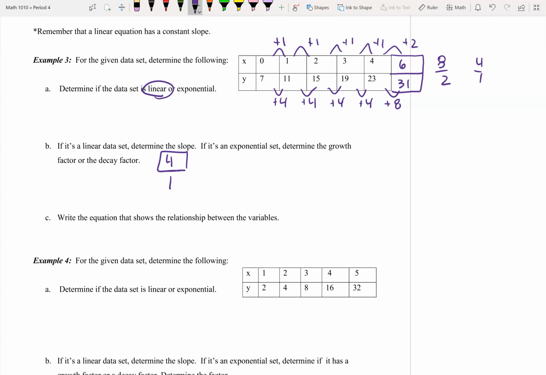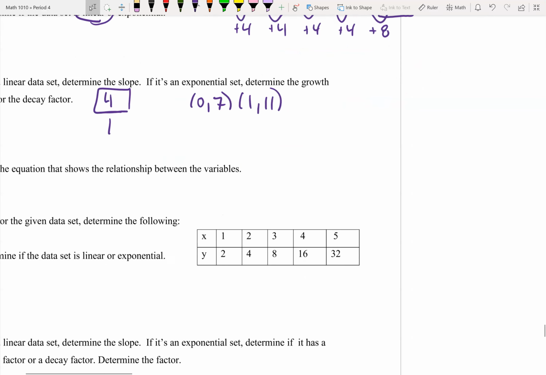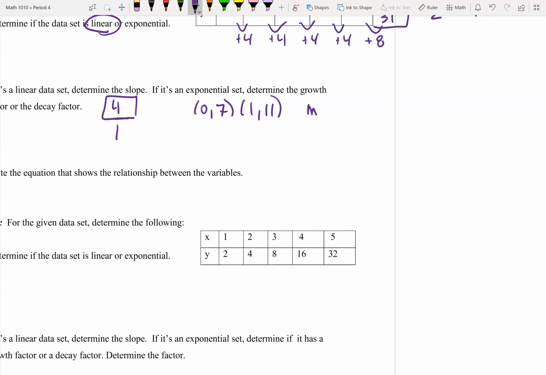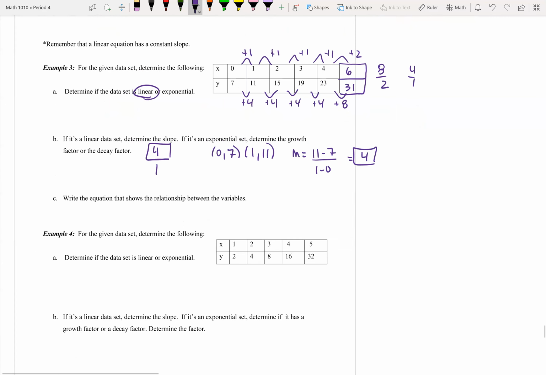If you struggled with that, everybody write down the points (0, 7) and (1, 11), and let's find the slope. So m equals 11 minus 7 over 1 minus 0. That's 4 over 1, which is a 4. So you get the same slope either way. And I just randomly chose (0, 7) and (1, 11). You could choose (0, 7) and (4, 23). Who cares? Because the slope is consistent.